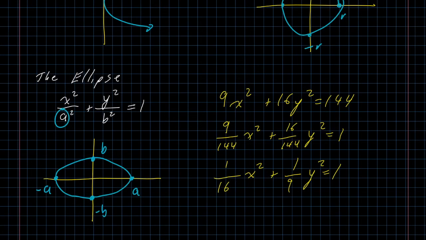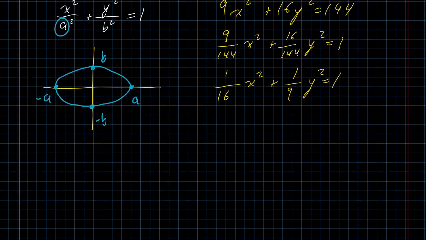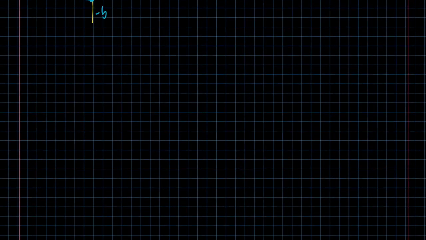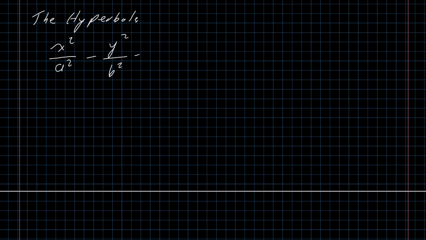All right, coming back to my notes here, I've got one more type of equation to deal with, and that type of equation is called the hyperbola. The equation for a hyperbola looks very similar to the equation for an ellipse, except that the addition sign turned into a minus sign.